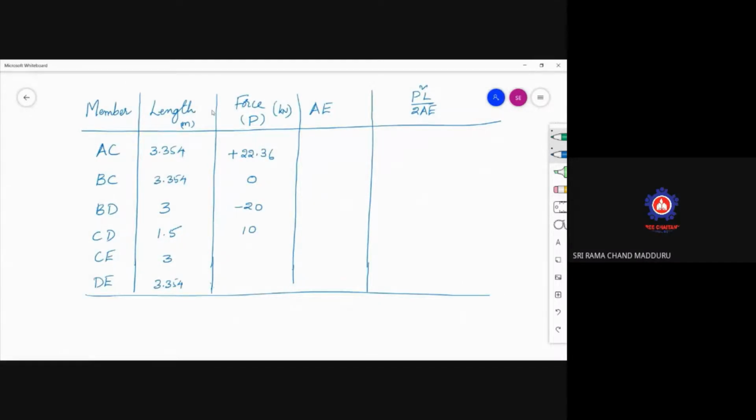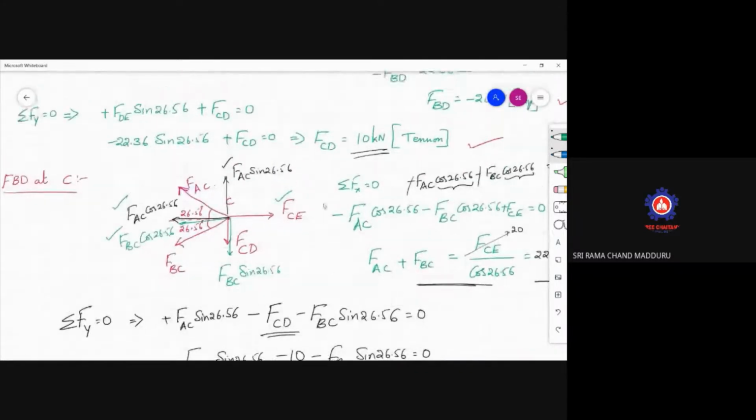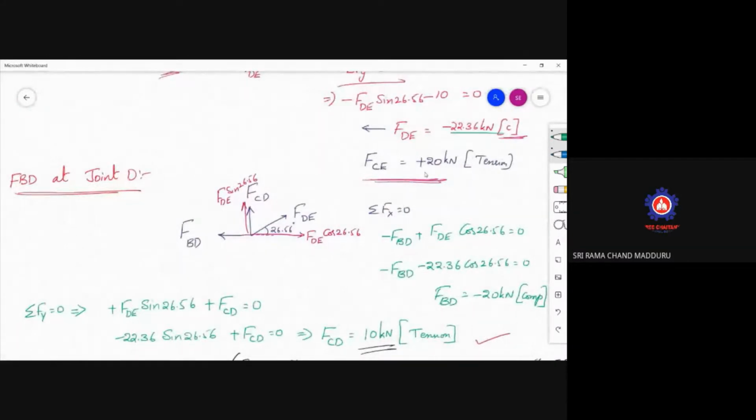See the units, they are in kilonewtons. CE, what is the force in CE? Plus 20. What is the force in DE? Minus 22.36, just as calculated above. CE is plus 20, DE is minus 22.36 kilonewtons.